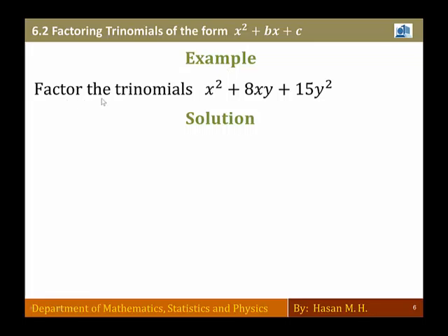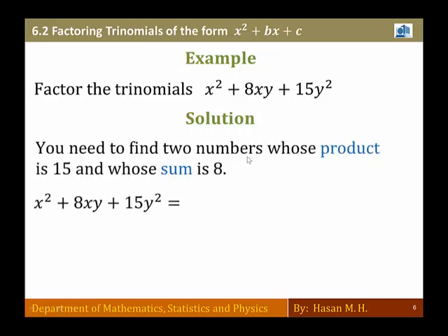Example: factor the trinomial x squared plus 8xy plus 15y squared. To factor the trinomial, you need to find two numbers whose product is 15 and whose sum is 8.